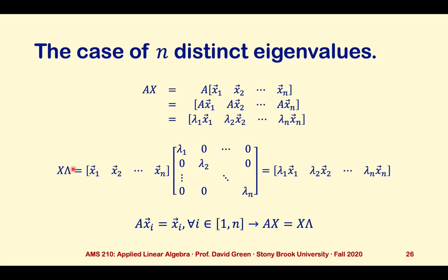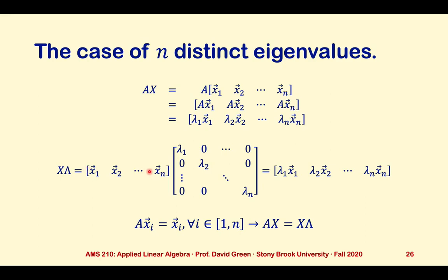What about X times lambda? Well, X times lambda, we have this same matrix whose columns are the eigenvectors, multiplied by a diagonal matrix. When we multiply a matrix by a diagonal matrix on the right, the effect is that we multiply each column by the corresponding diagonal entry. And you can sort of see this.